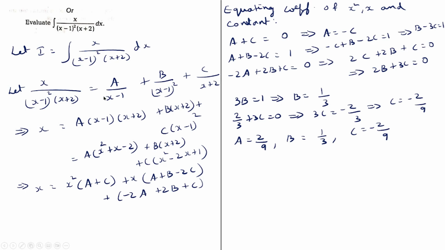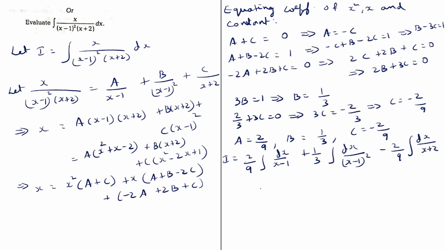So we can substitute for a, b and c, and then we can integrate very easily. So I is equal to 2 by 9 integral 1 by x plus 1, dx by x minus 1, plus 1 by 3 integral dx by x minus 1 the whole square, minus 2 by 9 integral dx by x plus 2.